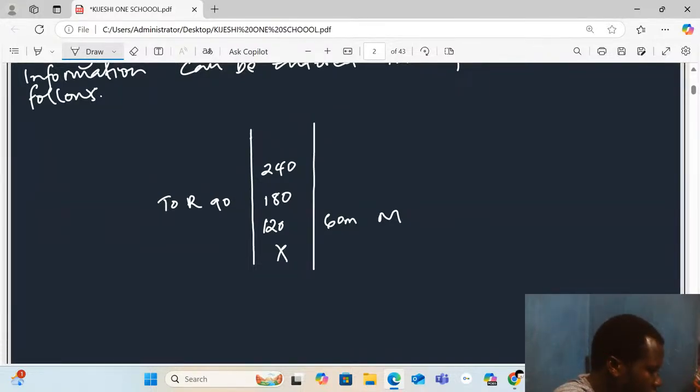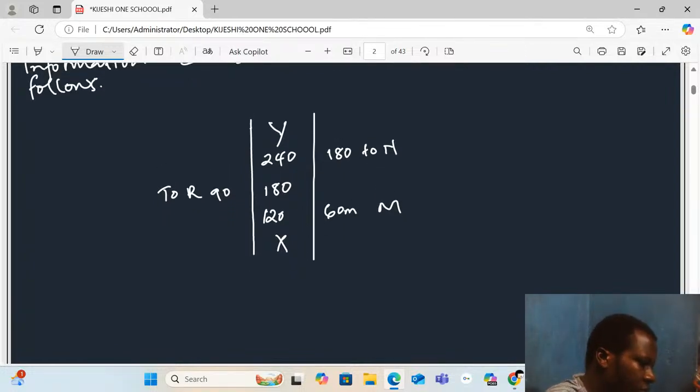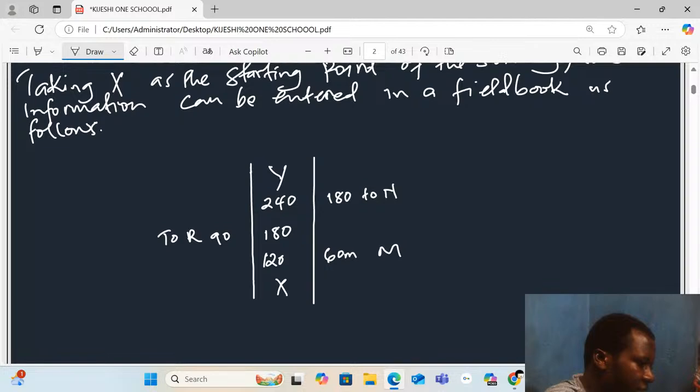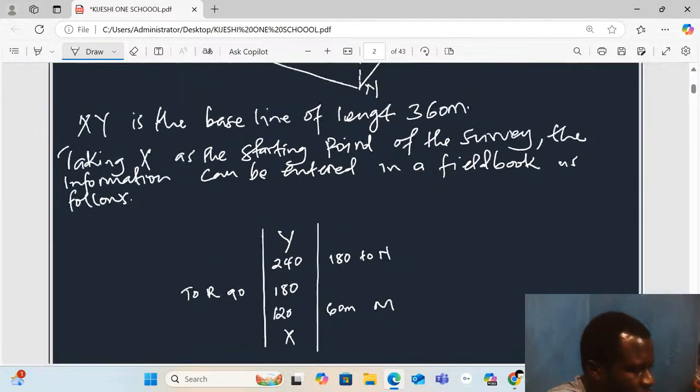Then we move to the right, 180 meters, and we shall reach point N. Then from 240 we shall move to Y, our last point. This is how we represent the information in a field book.